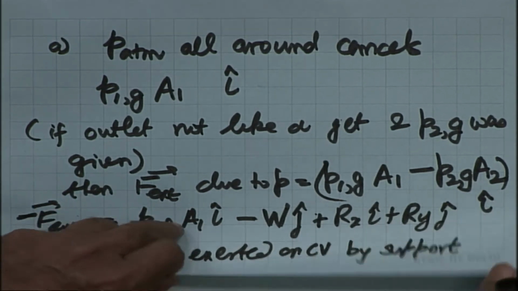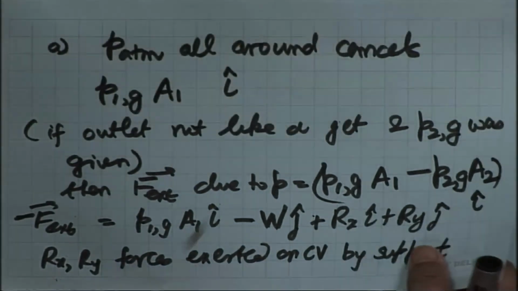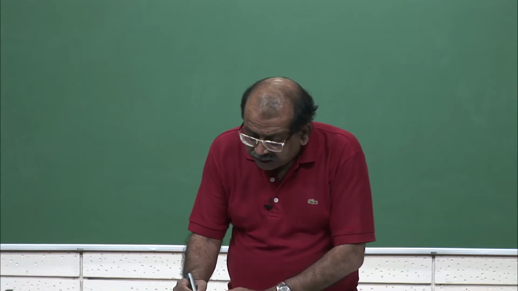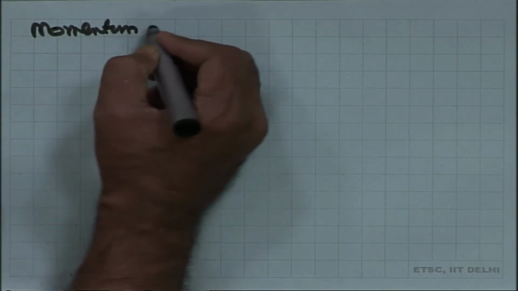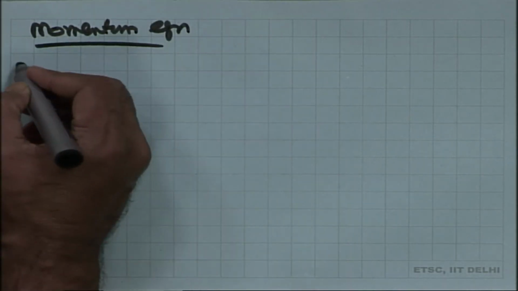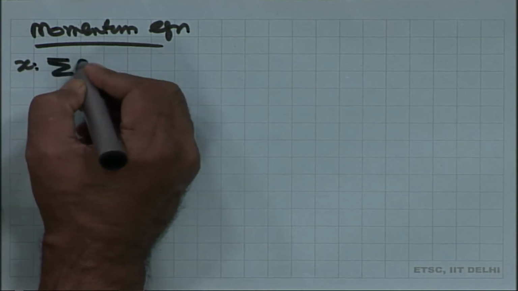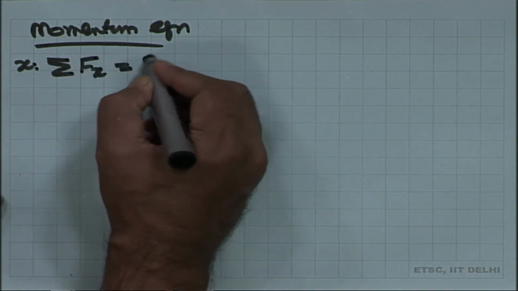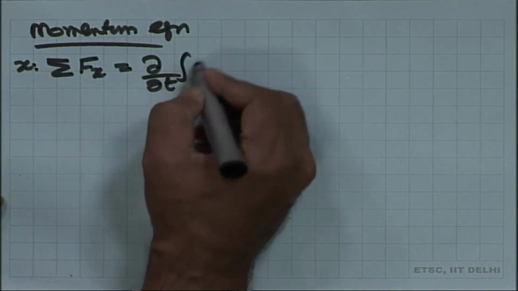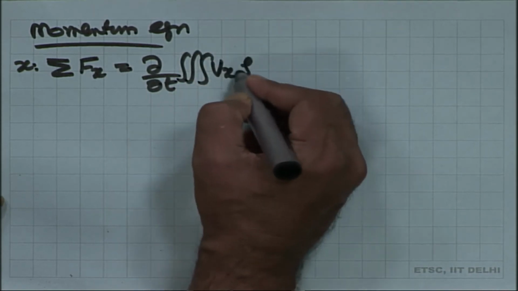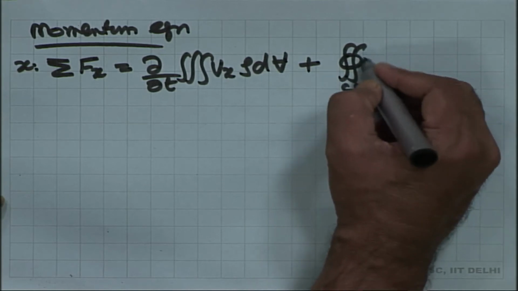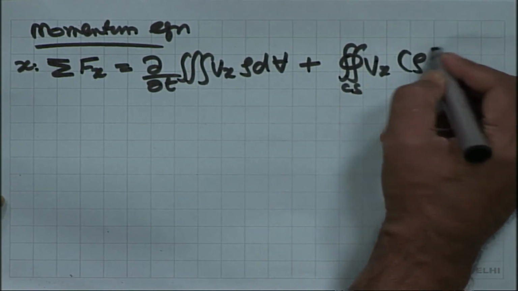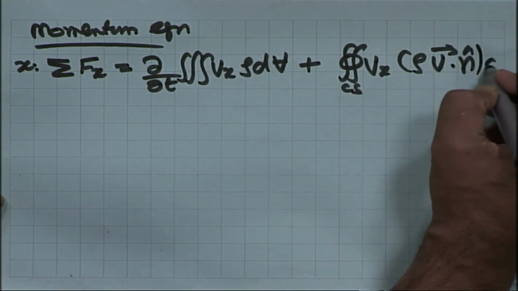Okay. So, now given this, we have got the first term, then we look at the momentum equation. The x component is sigma Fx is equal to d by dt integral Vx rho dV plus integral on the control surface Vx rho V dot n dA.